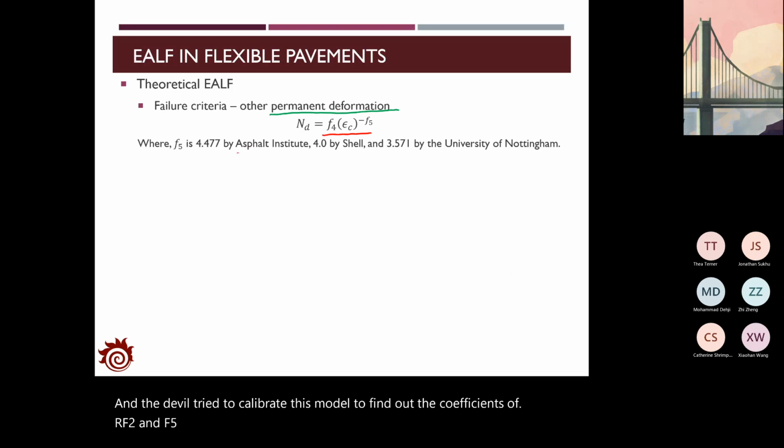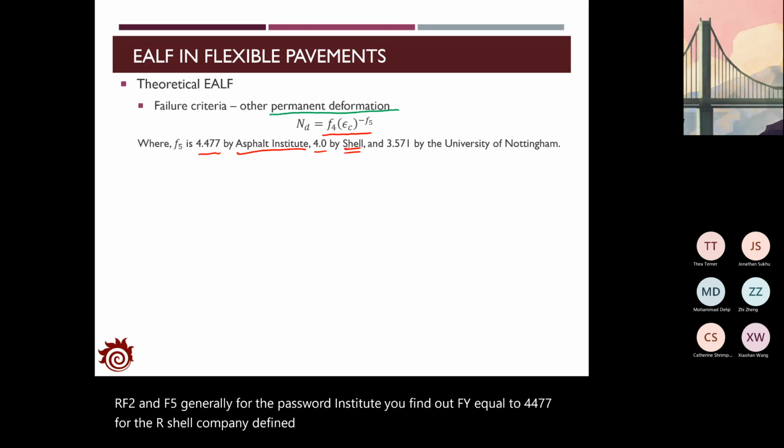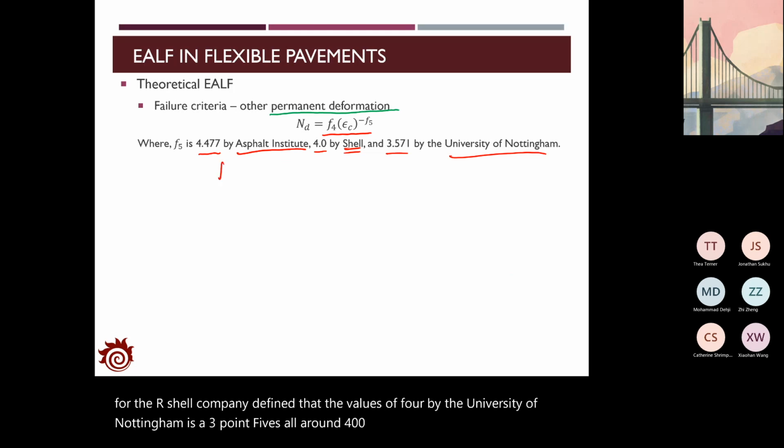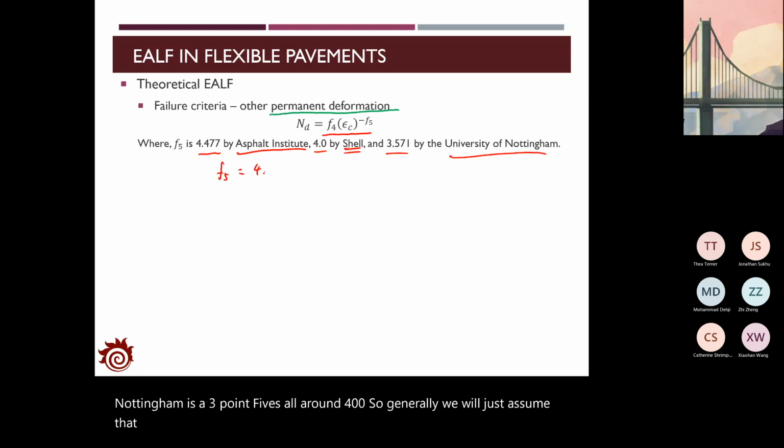Generally, for the Asphalt Institute, they find F5 equal to 4.477. For the Shell company, they find that the value is 4. By the University of Nottingham, it's 3.5. It's all around 4. So in general, we will just assume that F5 equal to 4.0.